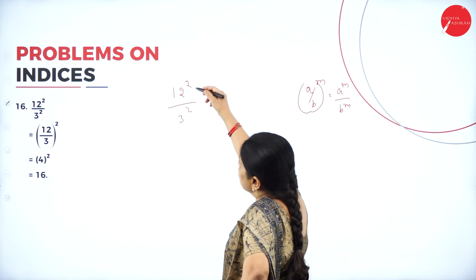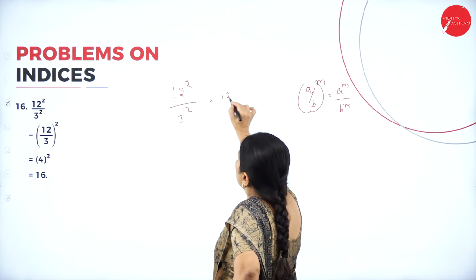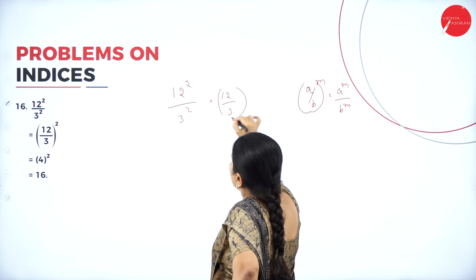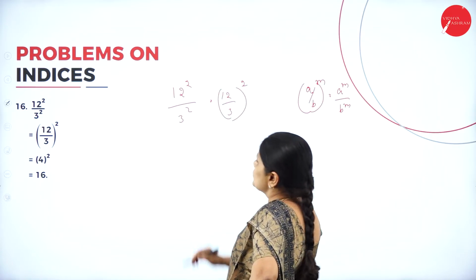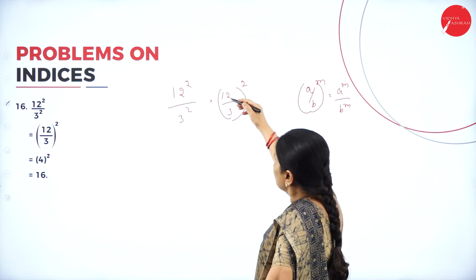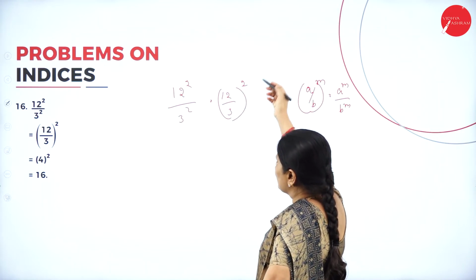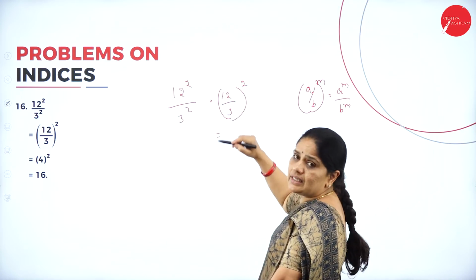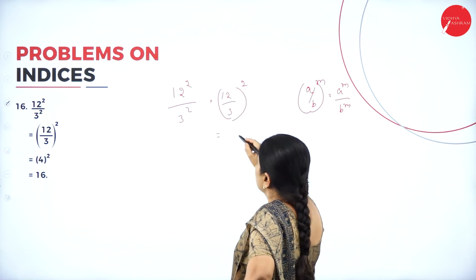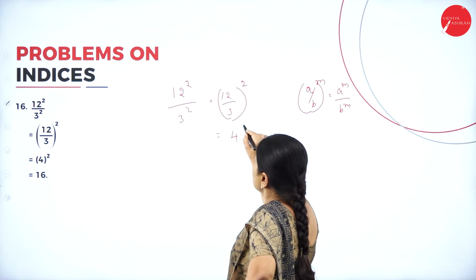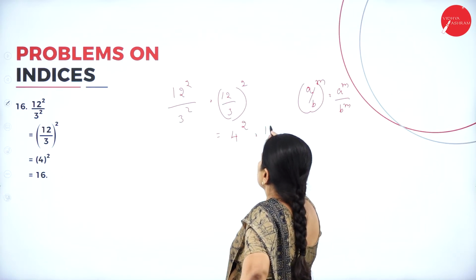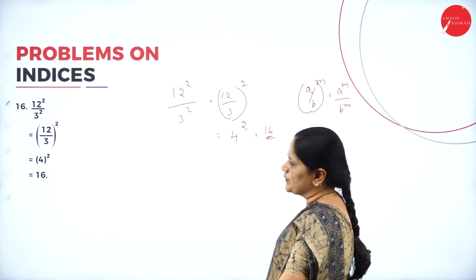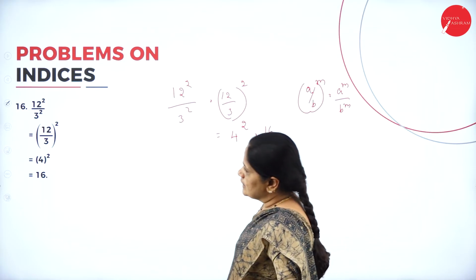Now, since the powers are the same, what I will do is, I will write this expression in this way. So, I'll take the whole of the expression as 1 and raise it to the power 2. Now, 12 divided by 3. What is 12 divided by 3? 3 fours are 12. 4 square. So, that comes up to 16. So, 16 is the answer.